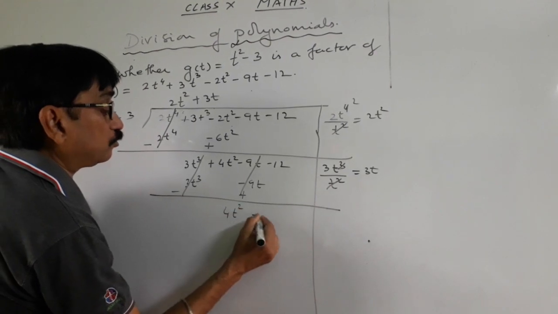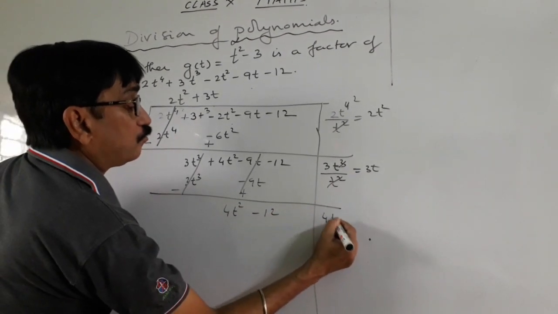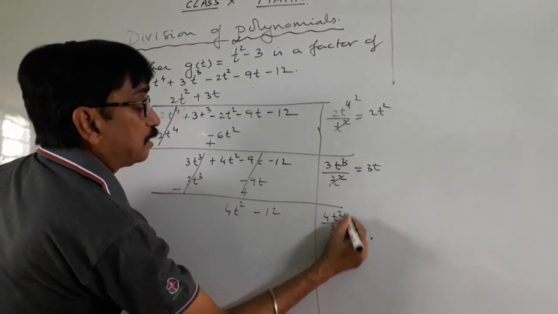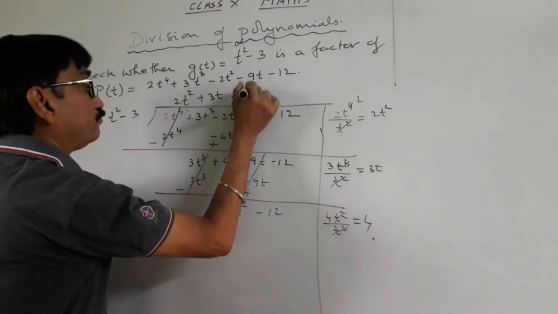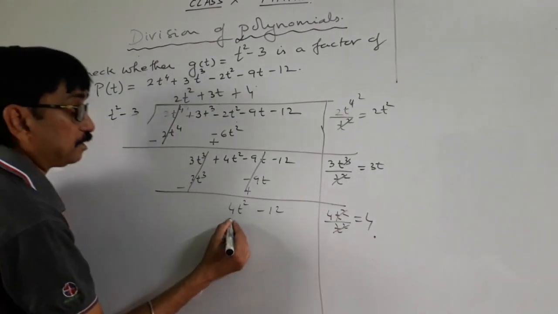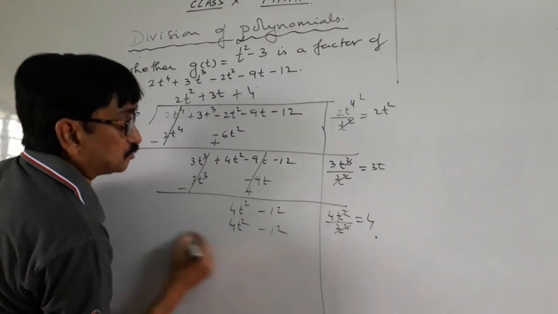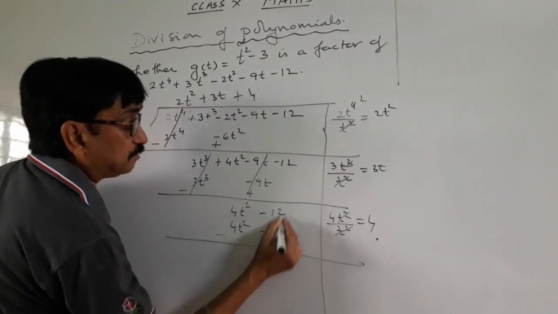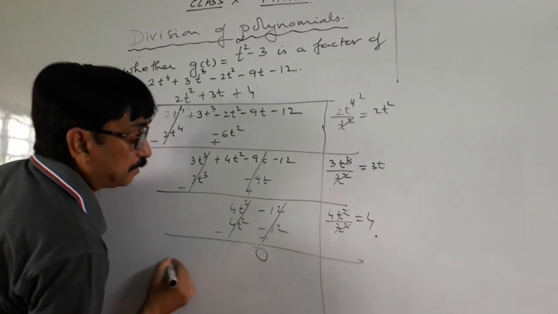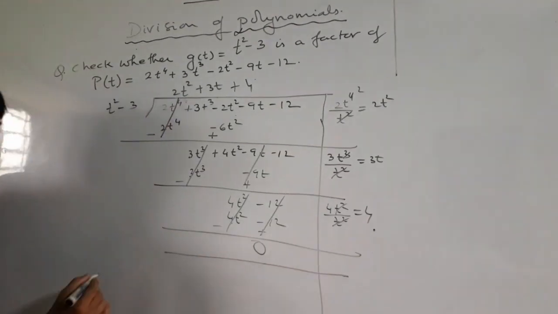Now left with 4t square minus 12. 4t square upon t square, the third term will be 4, and 4 into t square, 4t square, 4 into minus 3, minus 12. Change the sign and now the remainder comes equal to 0.